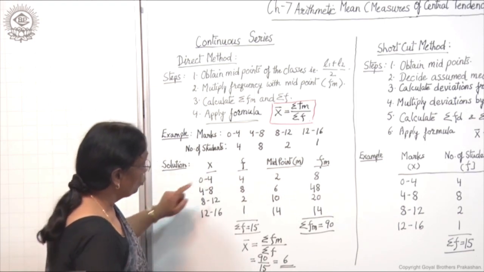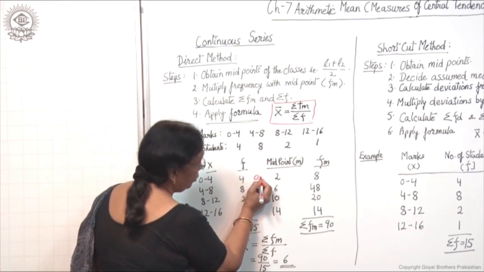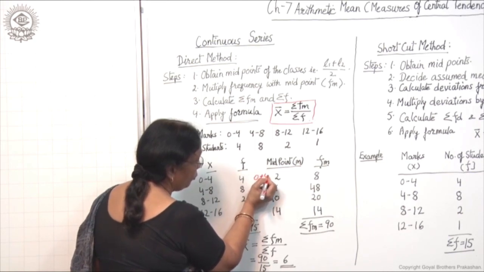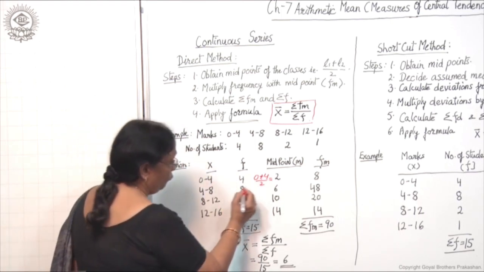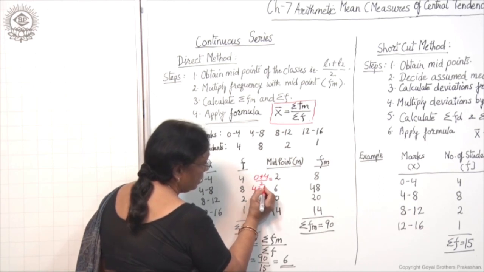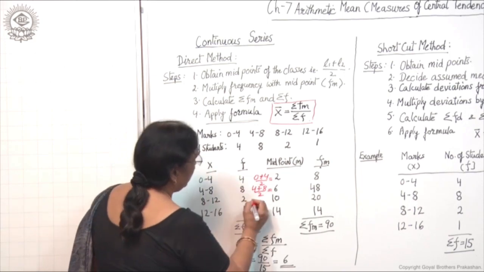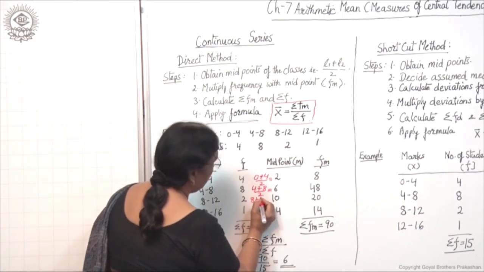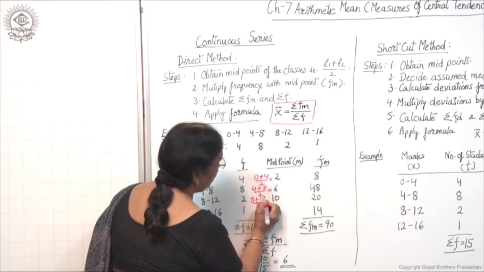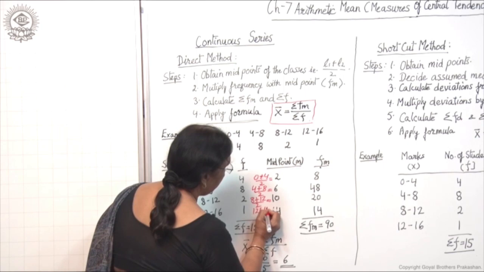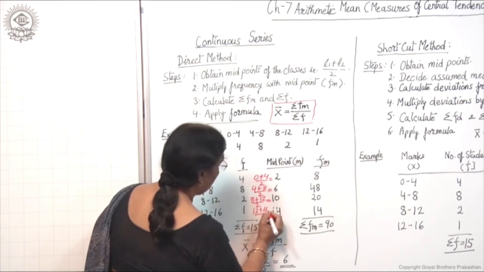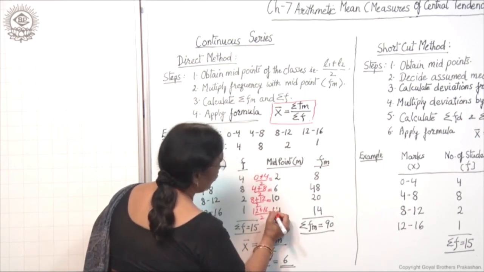Now here 0 to 4, the lower limit is 0, plus 4 divided by 2 is equal to how much? That is equal to 2. 4 plus 8 divided by 2 is equal to 6. 8 plus 12 divided by 2 equal to 10. 12 plus 16 divided by 2 is equal to 14.